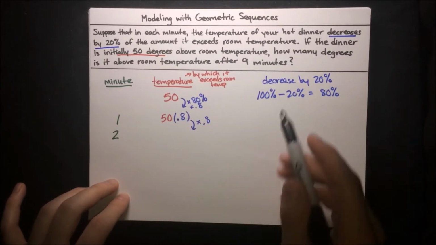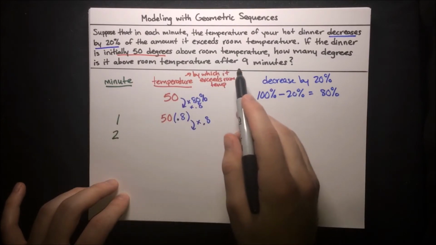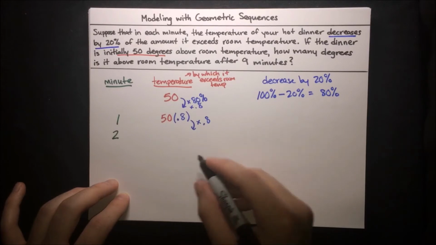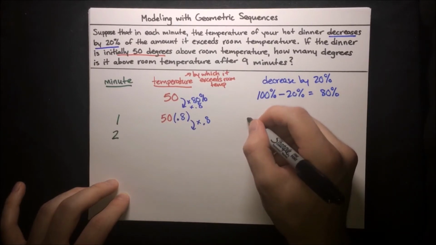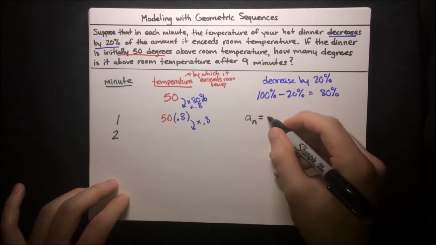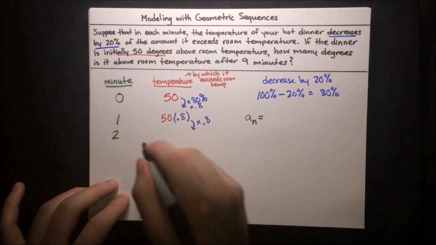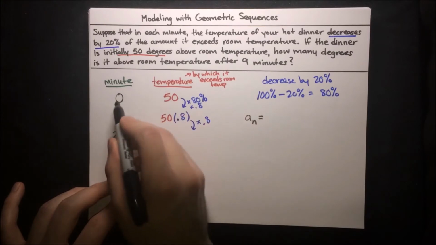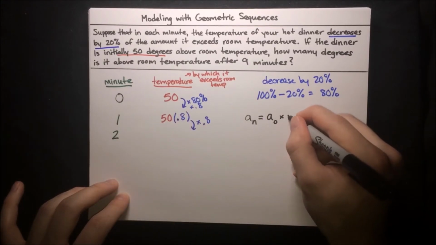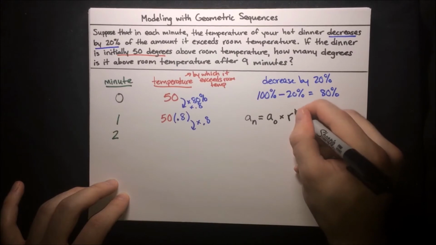To find how many degrees it's above room temperature after 9 minutes, we can just set up a rule for the nth term of this sequence. And we already know that for a geometric series, we have a_n equals, well here we want to start with a_0 because the first term, 50, is actually at minute 0. So a_0 then times r, the common ratio, to the power of n.